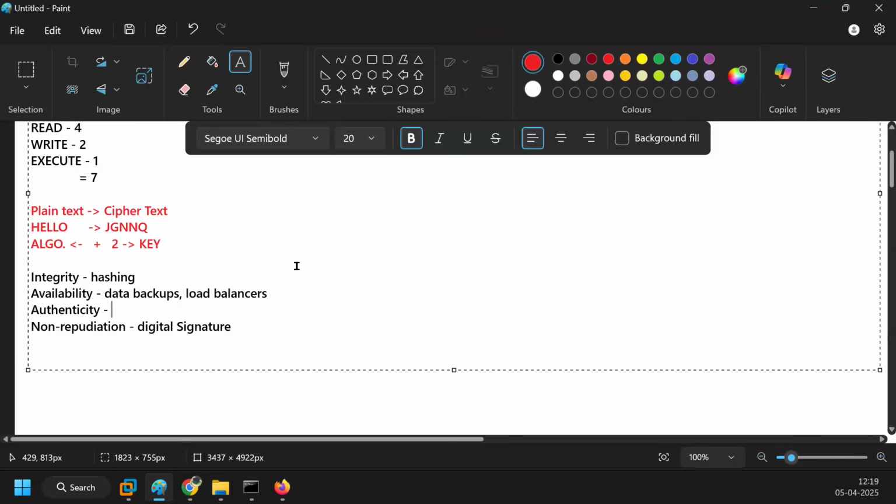Yep. When we are talking about non-repudiation, it is used for ensuring proof of origin.